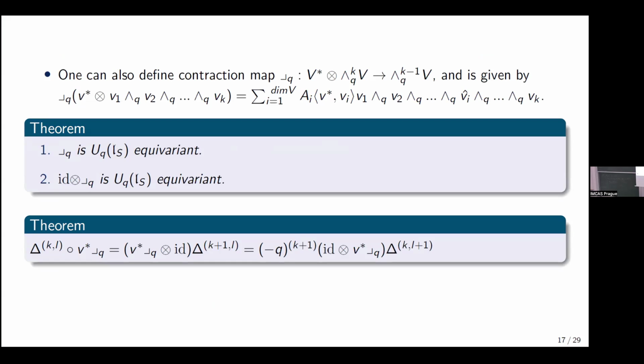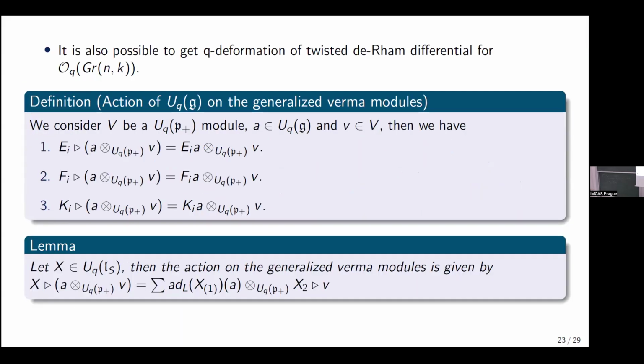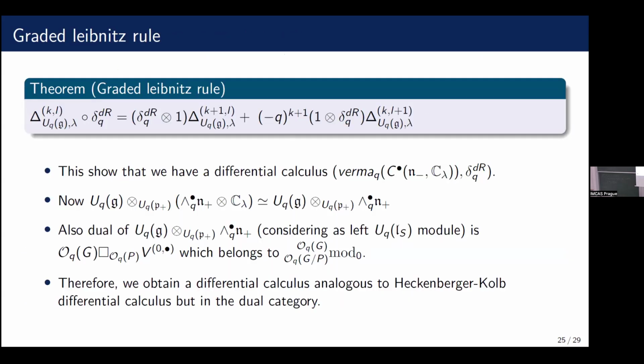You have the relation between your wedge coproduct and the contraction. This helps you to prove your graded Leibniz rule. And here you see this grading is actually coming from that formula.